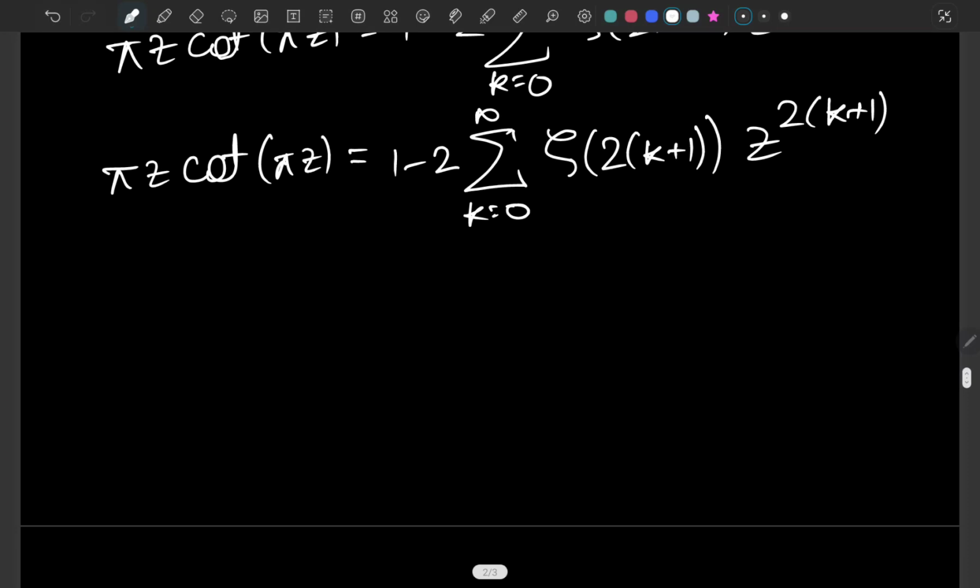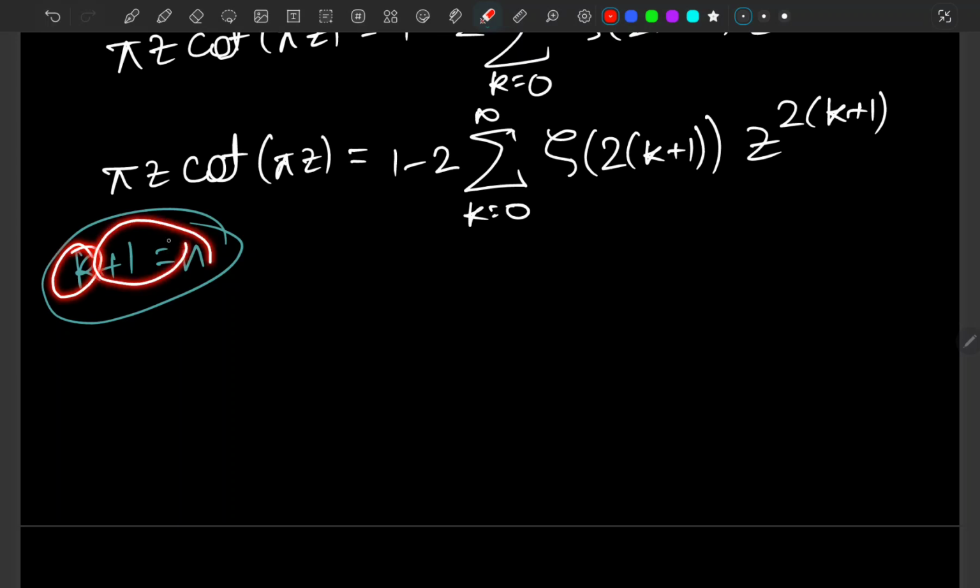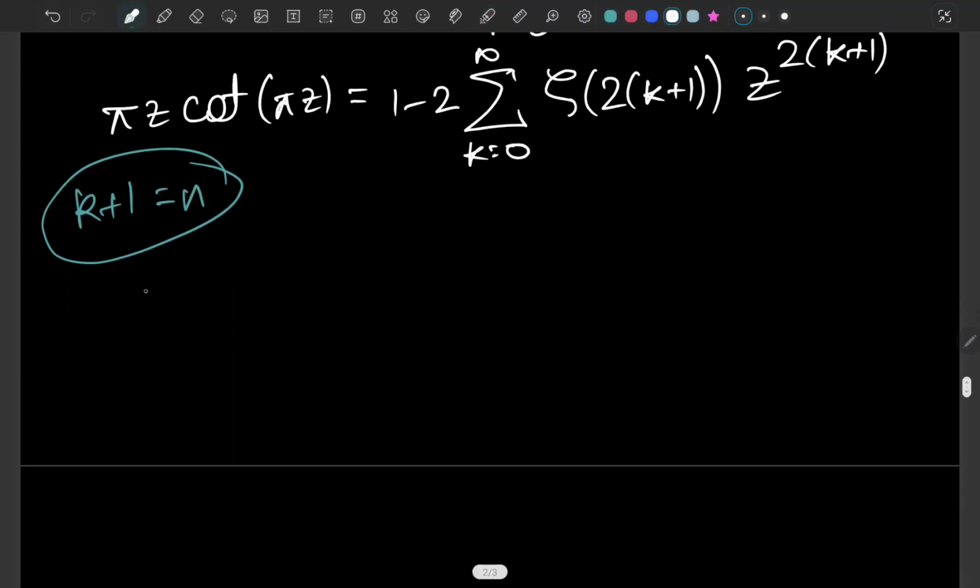And now we can just put here, let k plus 1 equals n. So when k here is 0, n is 1, it means the sum is going to begin from 1, right?